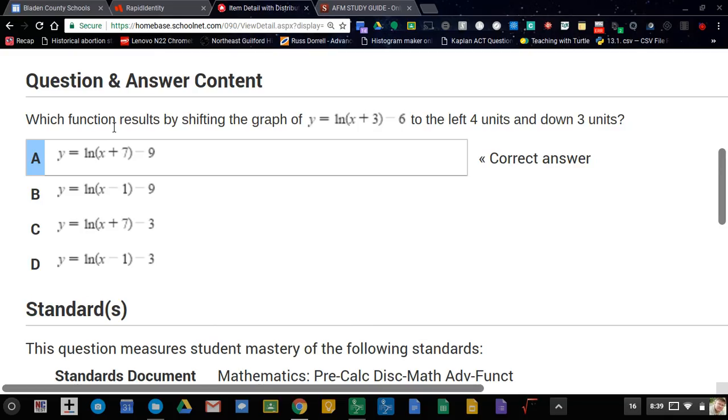All right, guys. This says which function results by shifting the graph of y equals natural log of x plus 3 minus 6 to the left 4 units and down 3 units, okay? So we're going to write this function on our paper: natural log of x plus 3, and then minus 6.